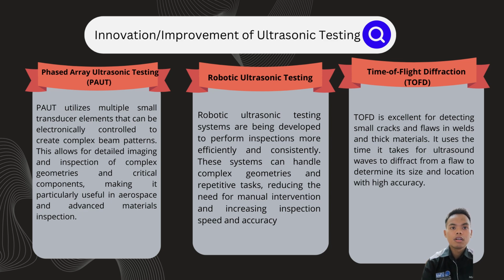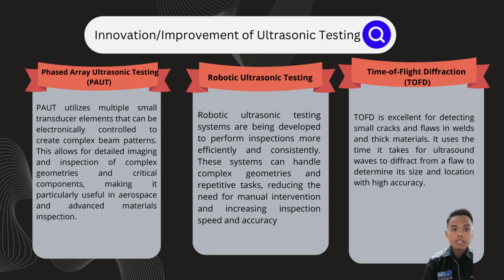PAUT utilizes multiple small transducer elements that can be electronically controlled to create complex beam patterns. This allows for detailed imaging and inspection of complex geometries and critical components, making it particularly useful in aerospace and advanced material inspection.